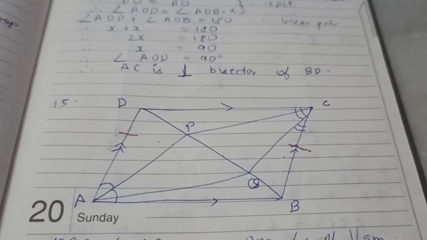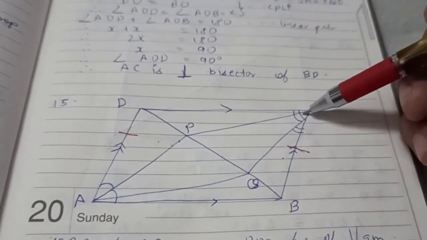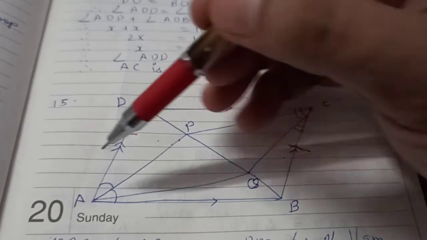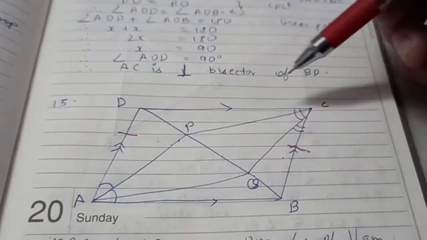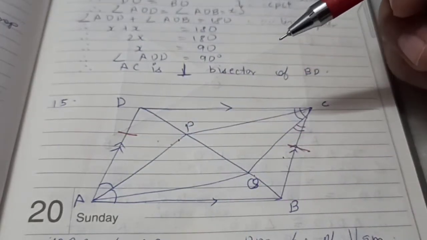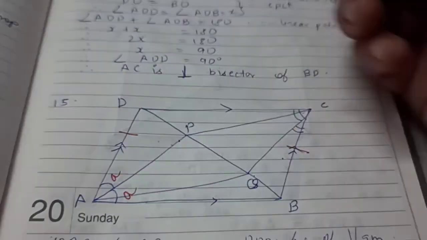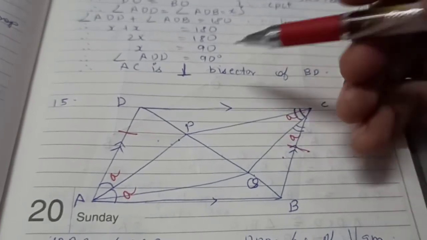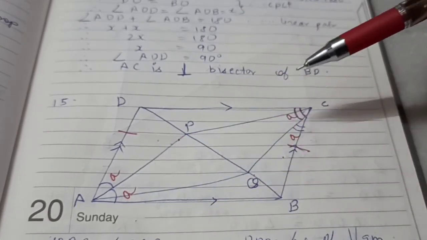Well, in the question they have actually given that AP is an angle bisector and here CQ is an angle bisector. Now, the total angles A and C are equal because they are opposite angles of a parallelogram. That means their half angles will also be equal. Let me call this A and this whole angle as 2A, and let me call this whole angle also 2A, because if this angle is 2A, then this angle is also 2A, opposite angles of parallelogram.